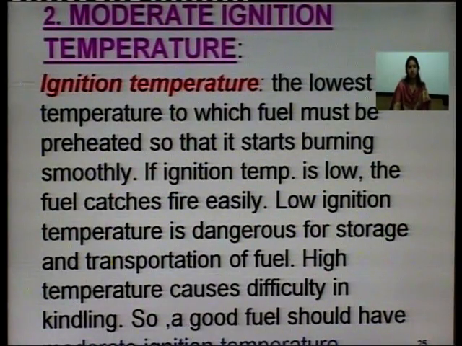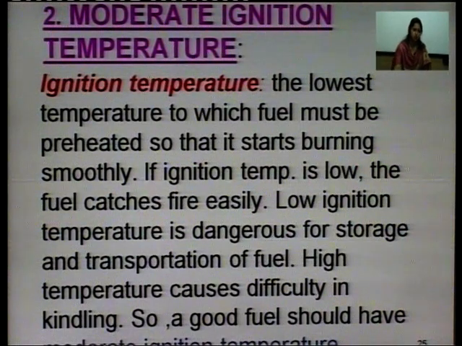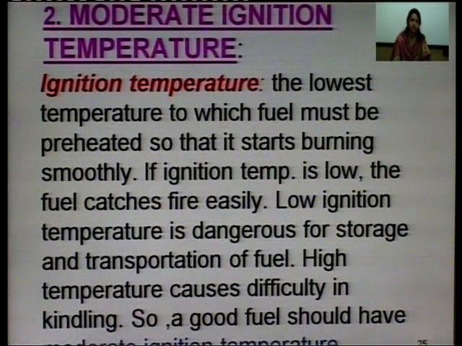If the ignition temperature is low, then the fuel catches fire easily. So, low ignition temperature is not desirable because it is very dangerous for the storage and transportation of the fuel. If there is high ignition temperature, then it will also not be good because it will cause difficulty in kindling.